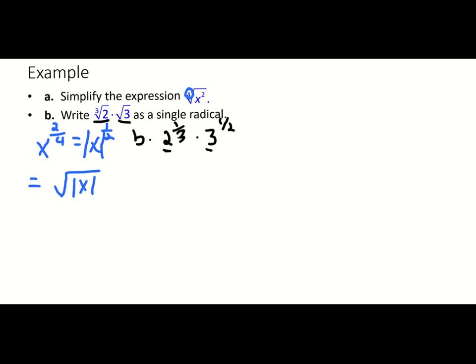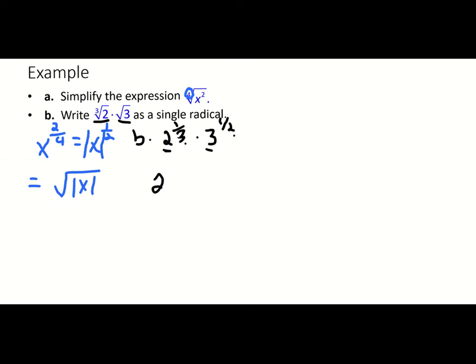But what I can do is, in order to write it as a single radical, I have to have the same denominator, and I don't. But I can create equivalent fractions. I'm going to pretend like I'm adding those fractions together. And what I'm going to do is create denominators for these fractions that are exactly the same. So for 3 and 2, I know my common denominator would be 6.